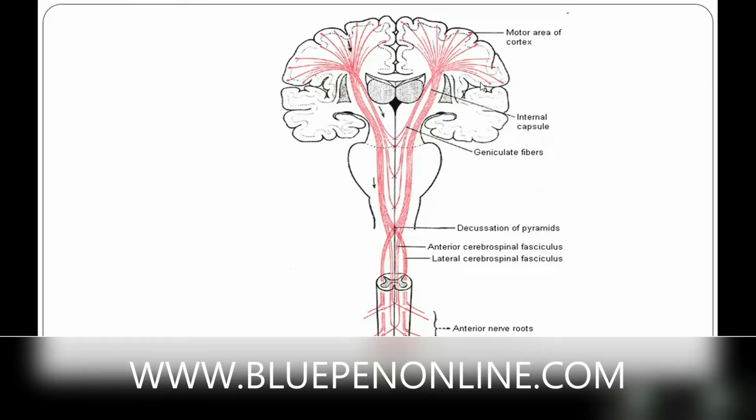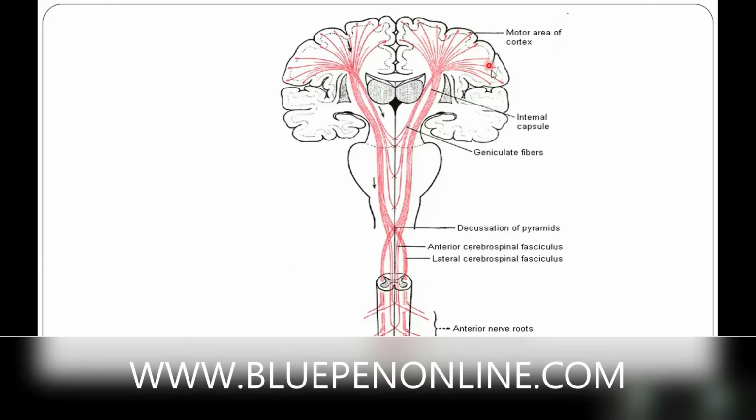The neurons that carry the response for the information received in the somatosensory cortex carry that information from the motor area of the cerebral cortex. It starts from the motor area, and it is fan-like in the initial part.